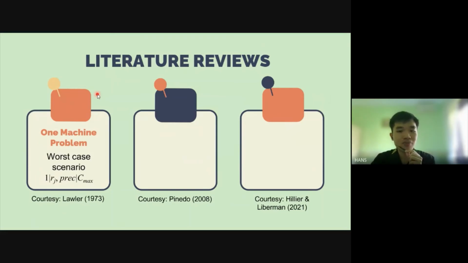Contrarily, we can also have an infinite number of machines, which is known as the critical path method solution or the project evaluation technique. Here, it performs as the best case scenario because we assume we have an infinite number of machines to solve the problem according to the precedence constraints and maximize our goal, which is minimizing the total time.